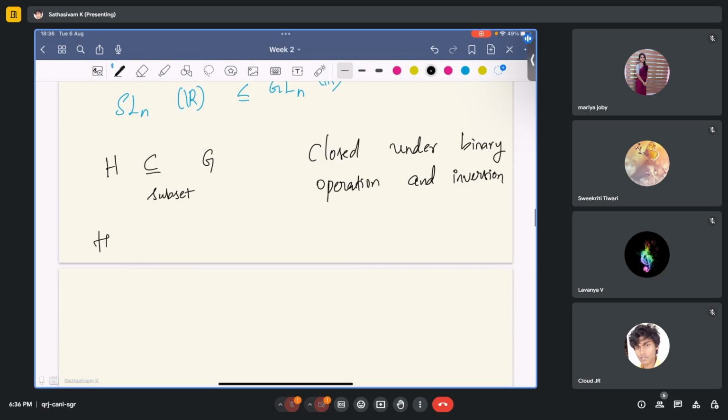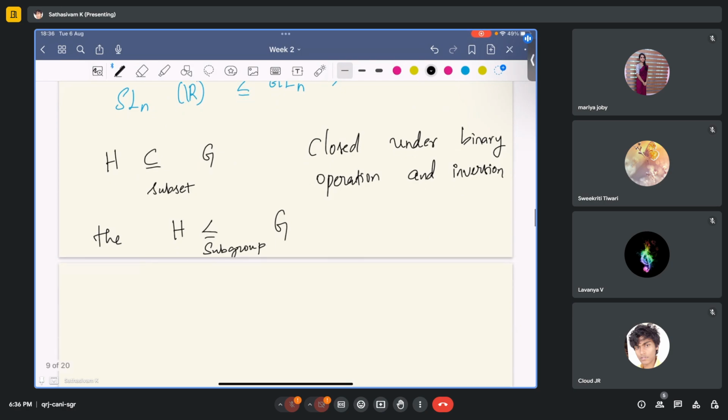Then what we can say is that H is a subgroup of G. Why is it the case? What are the other properties you want to prove? The associativity and the identity, right? Associativity holds because it holds in the bigger group, so associativity you don't have to worry.